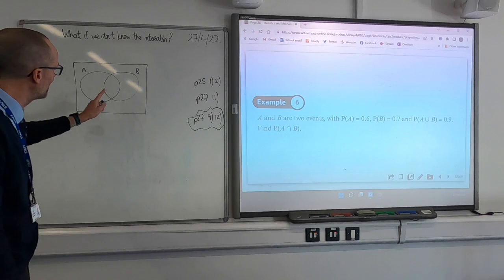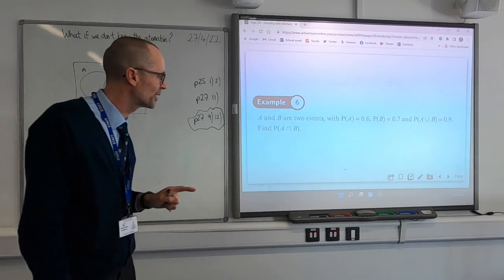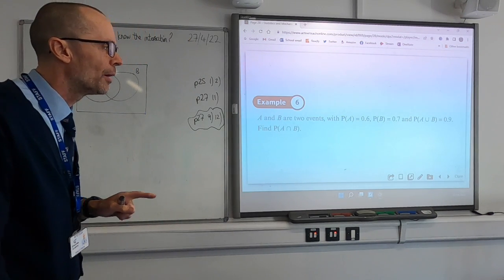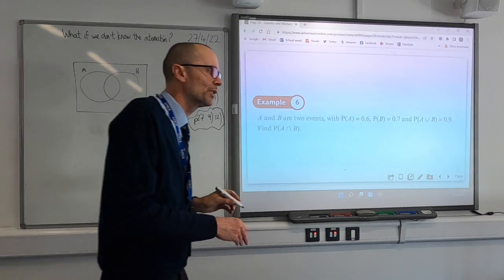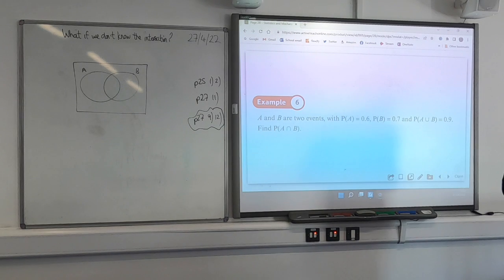So there must be an overlap. I'm told what A union B is, but I'm not told what A intersection B is. So it's not quite as easy as normal to knock up the Venn diagram.